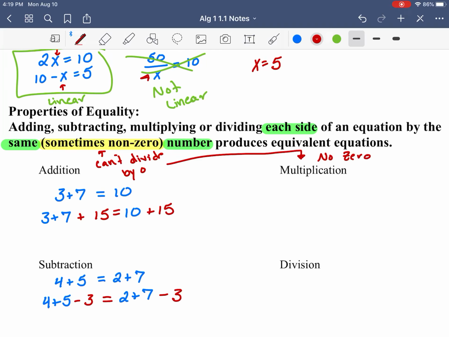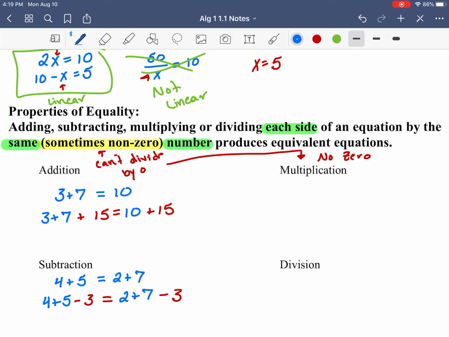They're still equal. This side is now equal to 6, but this side is also equal to 6. So subtracting 3 from both sides kept this equal. We use these methods to help us get variables by themselves.